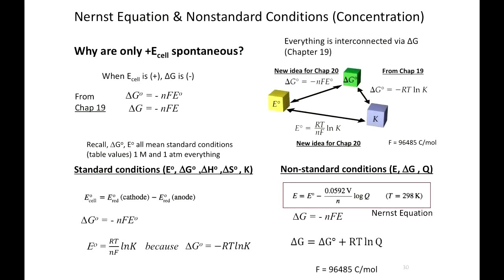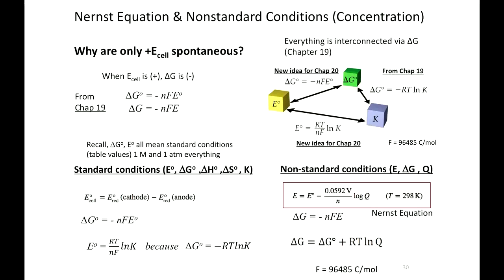Just like with our Gibbs free energy calculations, when we used table values we assumed standard conditions, meaning 1 molarity, 1 atm, 298 Kelvin for everything. So we can set up electrochemical cells at standard conditions as well.